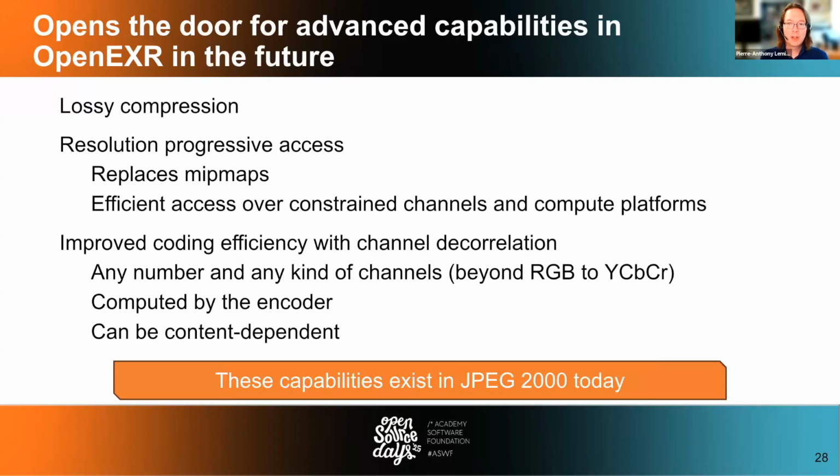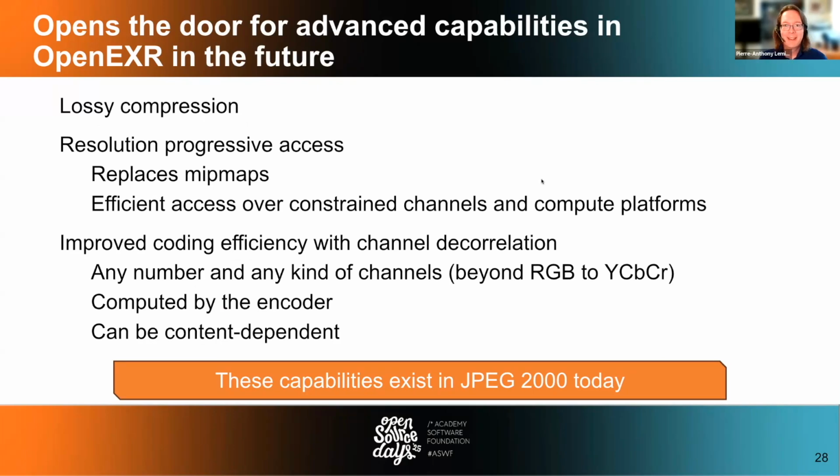All right, so the fun stuff is that now that we have lossless HTJ2K in OpenEXR, we can look at some really cool future capabilities. The first one is, of course, lossy compression. From a J2K perspective that's relatively easy: instead of saying reversible, you say irreversible and you get lossy.